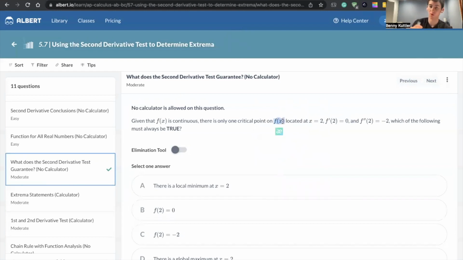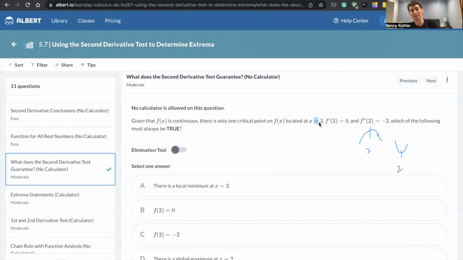That means the derivative only has one 0. So there's only one peak or valley on this graph. Only one critical point. So this is at x equals 2. One of these is x equals 2, something like that. And the derivative is equal to 0, which just means that it's a critical point.